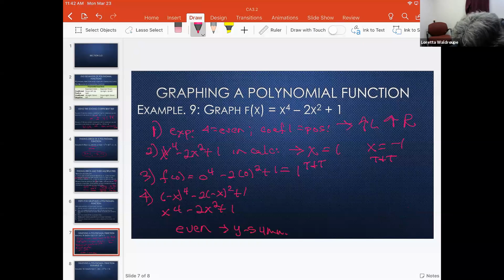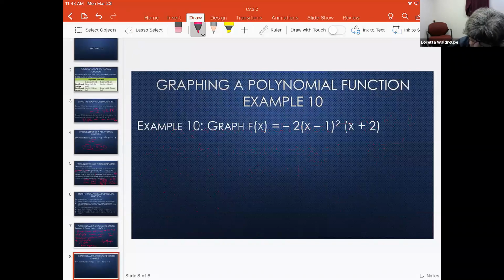So then you just sketch your graph based on what you know. I know it crosses here and here. So my far right is up, my far left is up. And I know the y-intercept is 1. And then I know it doesn't go below. Questions?